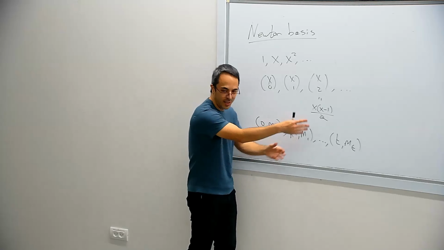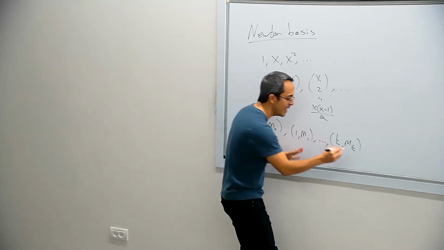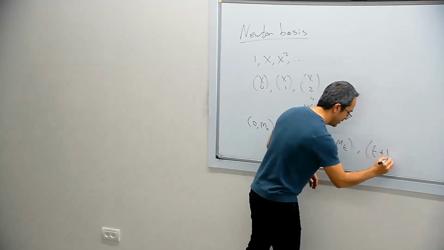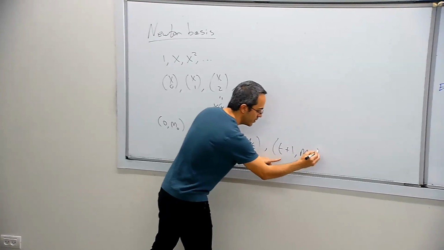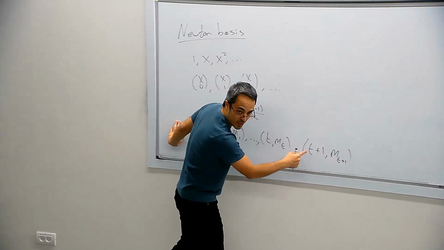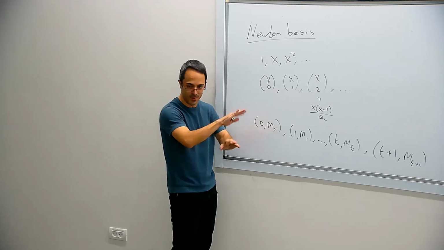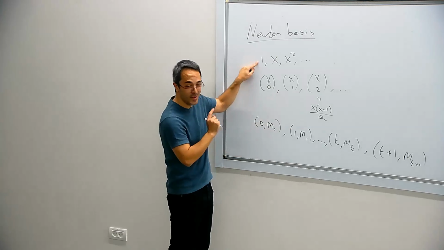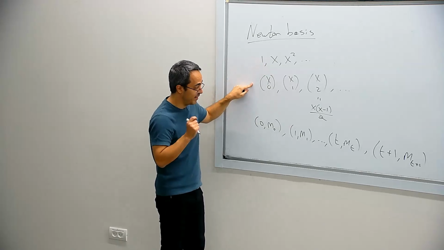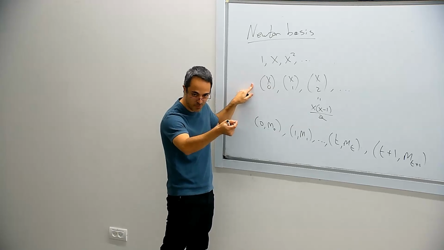You can do a Lagrange interpolation or whatever, and get a polynomial. And when I tell you, sorry, I need one more point, please, at t plus 1 go over to m_{t+1}. If you do an interpolation for this sequence, you get a polynomial which is typically completely different. All the coefficients will get messed up in the ordinary basis. But in this basis, they won't. They will stay exactly as is. It's only the new coefficient that will change.